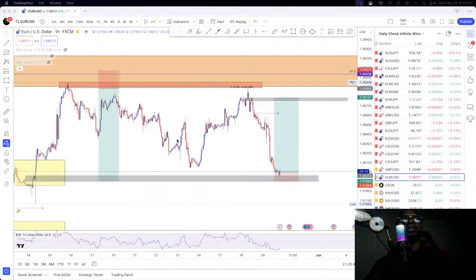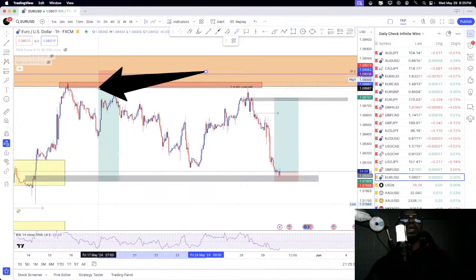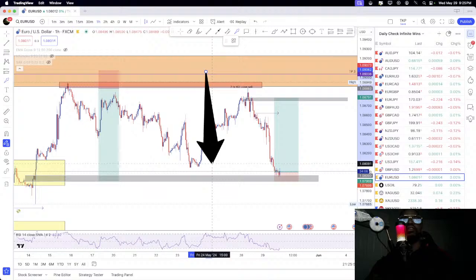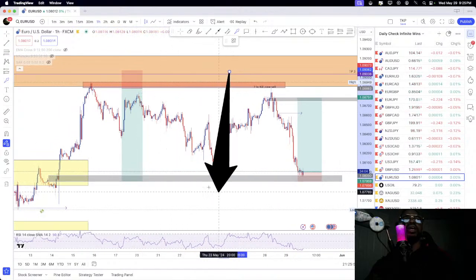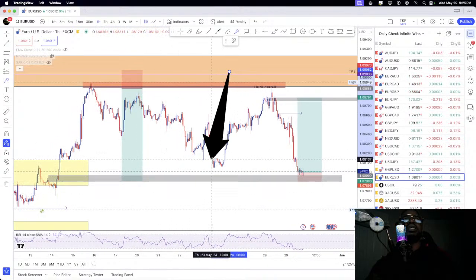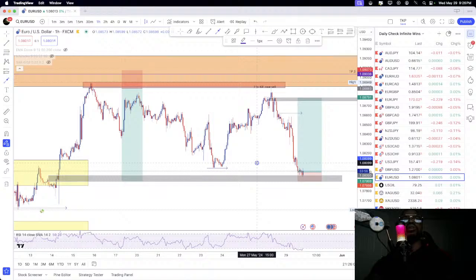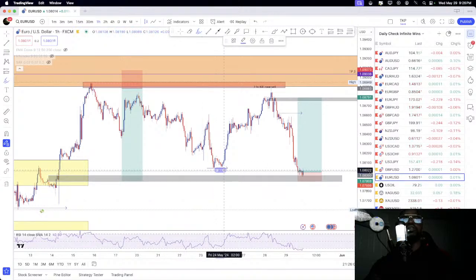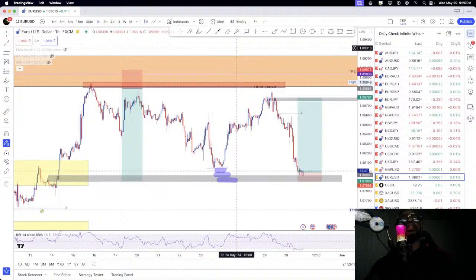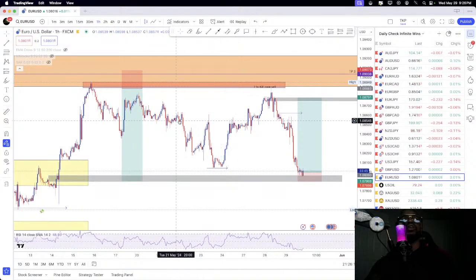So yeah, with this setup, we called the sell from here, and all of the targets were hit on this sell. Now we are at this area right beneath this double bottom. When you see price creating relatively equal lows like this, most retail traders place their stop losses underneath those areas. That is called the formation of liquidity.